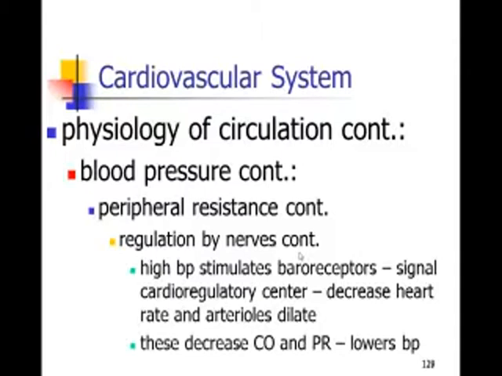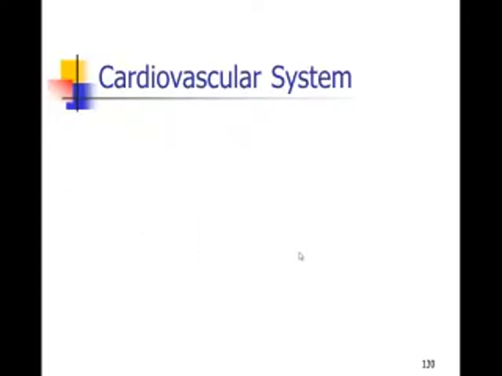By the way, there's an unfortunate thing about the baroreceptors, and that is that they can accommodate to pressure. So if you have a chronically high blood pressure, this response to bring the blood pressure down goes away over time. Similarly, if you have chronically low blood pressure, the response eventually starts to go away and you stop correcting for that.